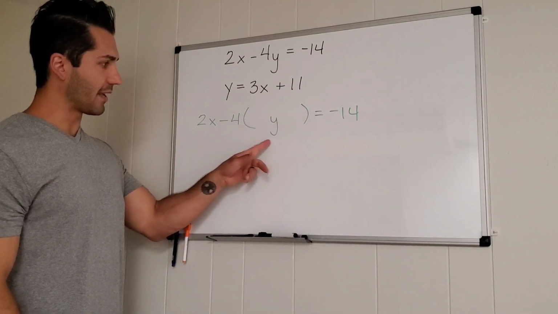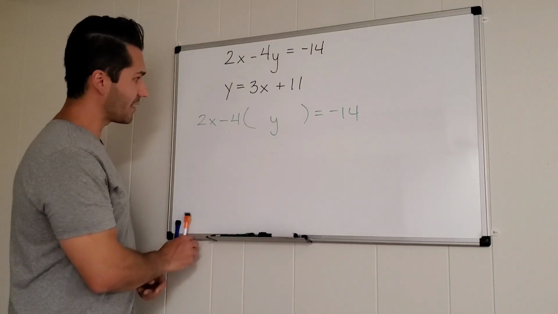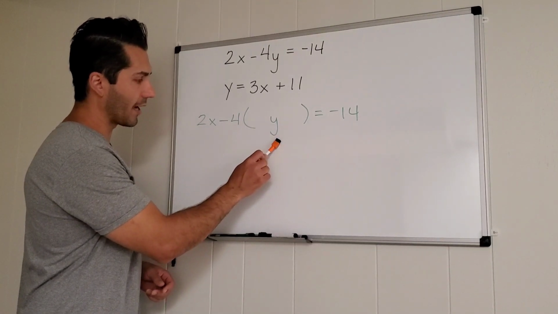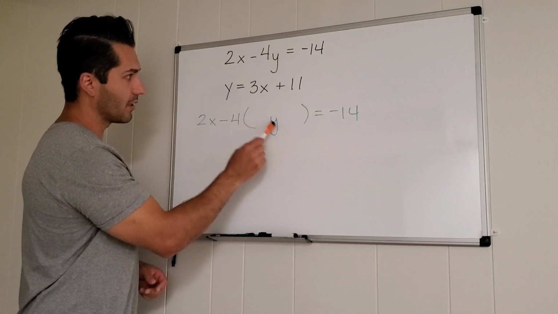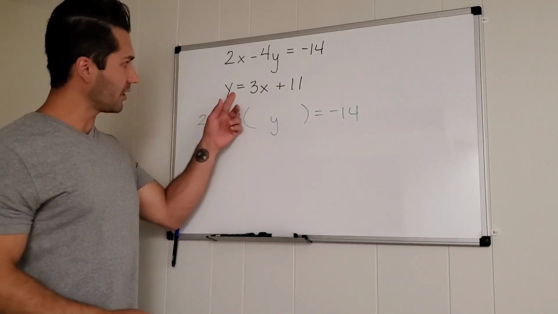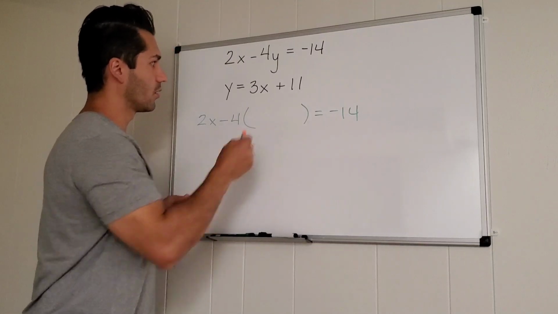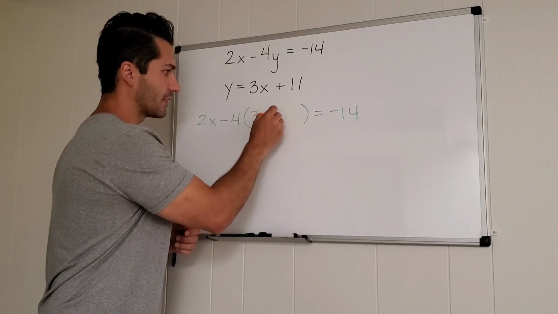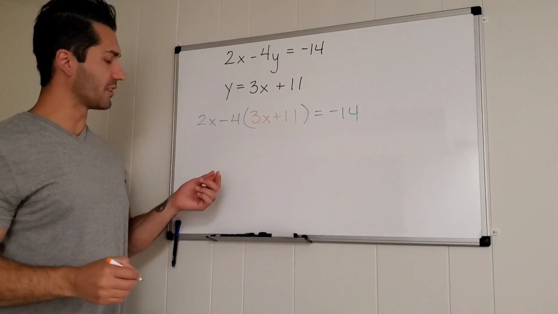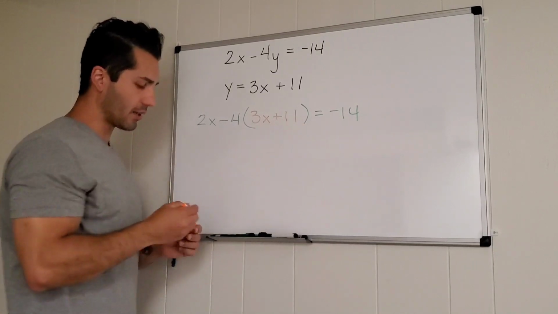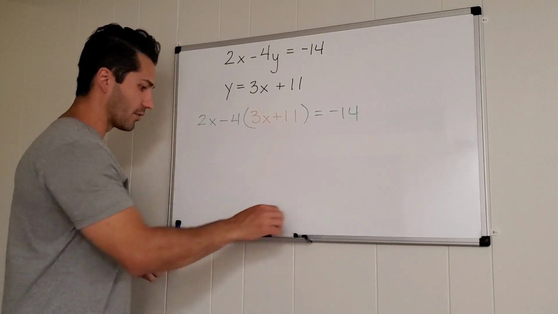And the reason for that is instead of y, this y, I'm going to write what y equals, and y equals 3x plus 11. So 3x plus 11 will replace the y that was in there.